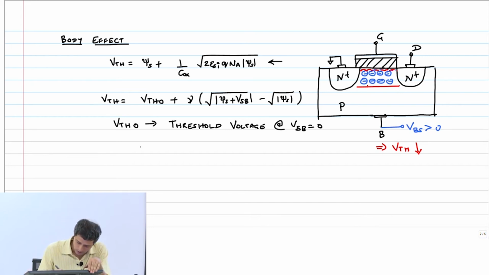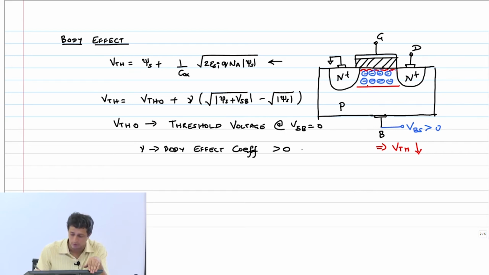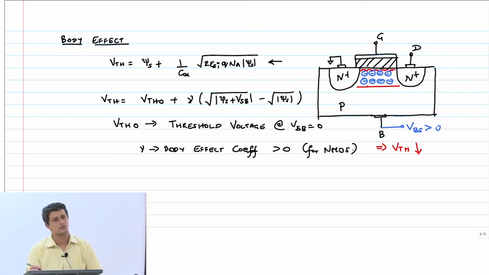So gamma is the body effect coefficient, and it is greater than 0 for NMOS. What's the dimension of gamma?